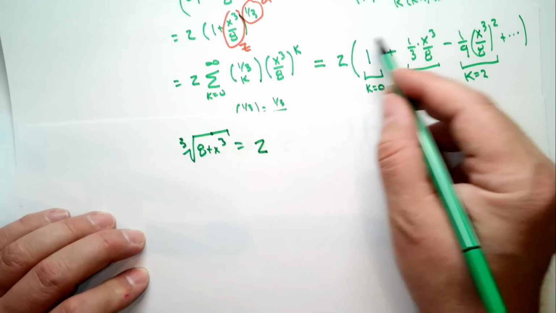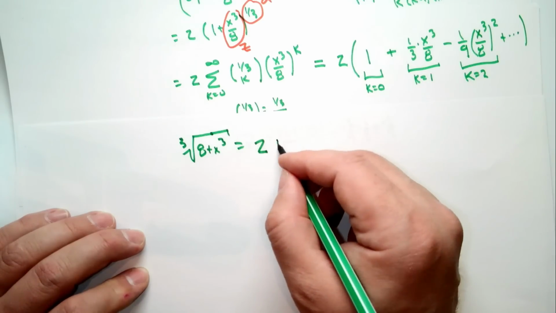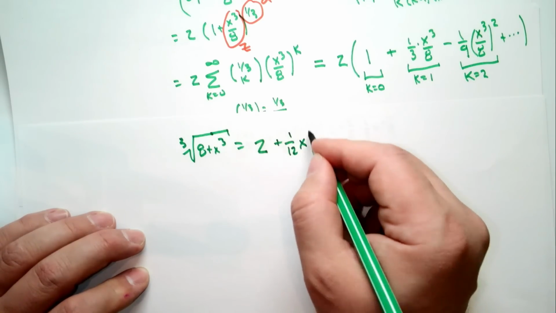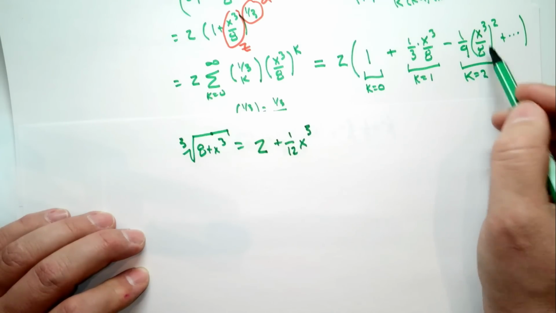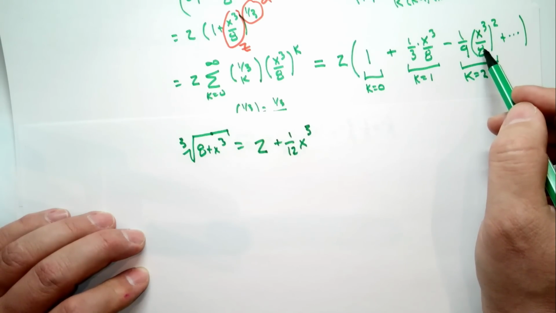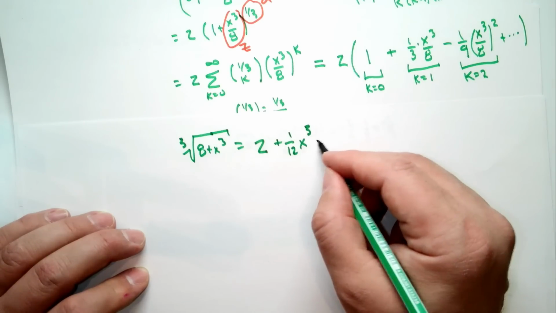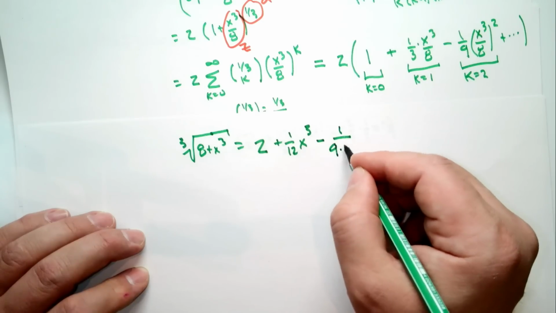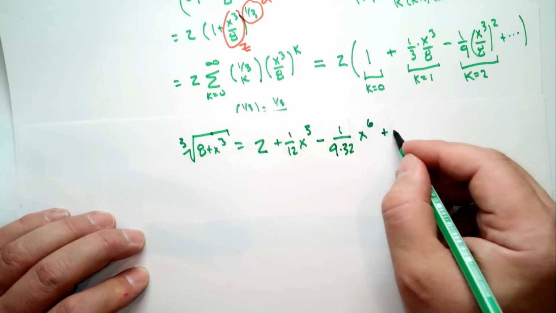Then here, when I multiply the 2 in, I'll have 1/3 times 1/4. That'll give 1/12 x cubed. And here, when I multiply the 2 in, 8 will be squared, so that'll be 64, then the 2 will give 32. So minus 1 over 9 times 32 and x to the 6. And there's other terms as well.